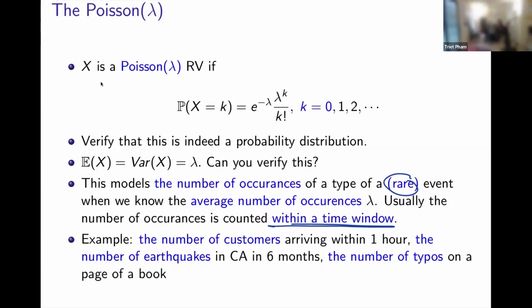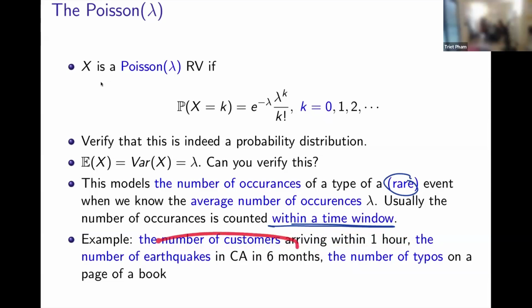But clearly there cannot be a million customers arriving within an hour in the mall, simply because there are not even a million people in the mall, or in the city. Same as typos: the number of typos on a page is bounded by how many letters there are on that page, so it cannot go on forever. So somewhere you already see the nature of a Poisson.